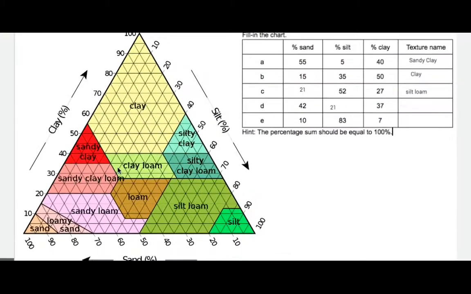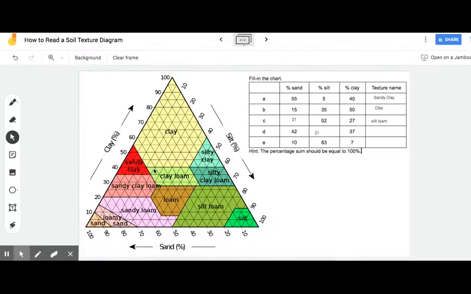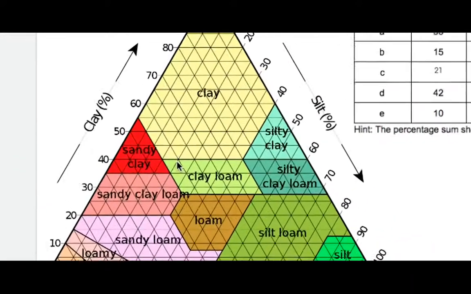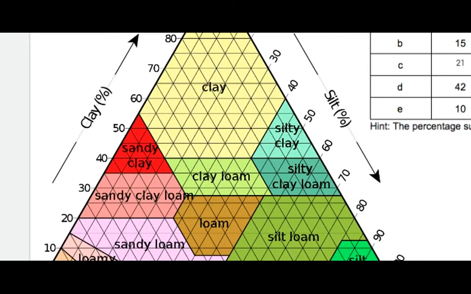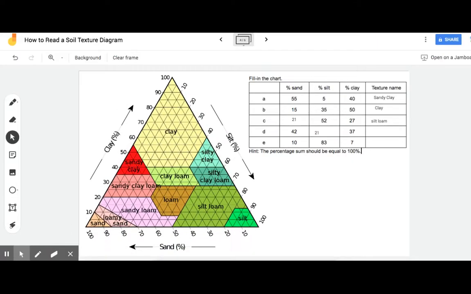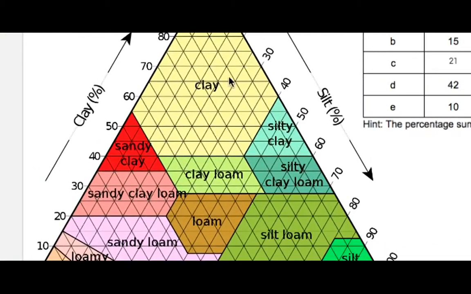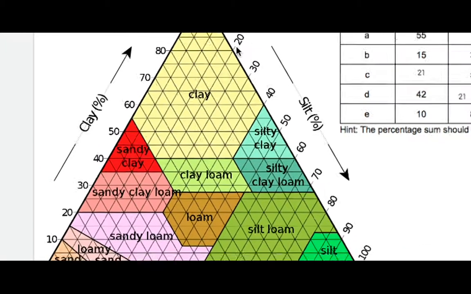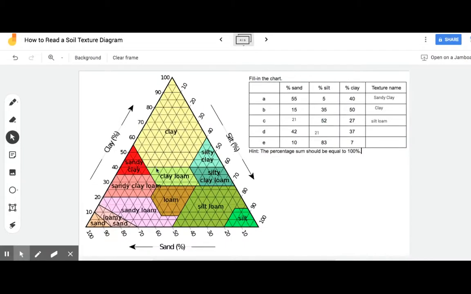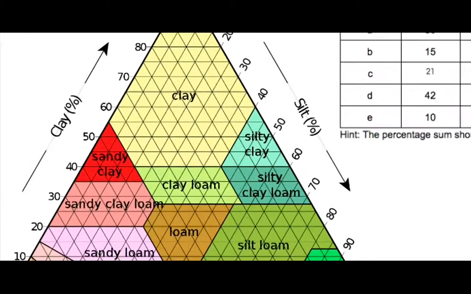So if this is 20, approximately here. And then you have 37. So we could say that it is somewhere here, clay loam. So 21, and then 37. Okay, so we have clay loam.